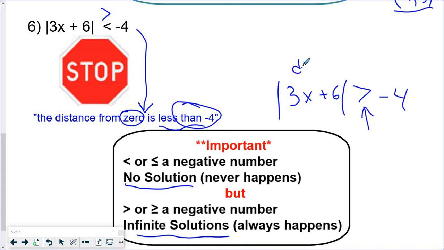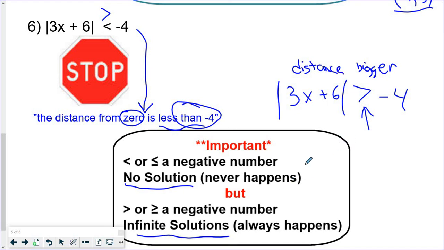The distance, right? The distance is bigger than a negative. So how often will distance be measured out on a tape measure or on anything? You drive a car and you look at your odometer, how often will the distance be larger than a negative number? And the answer is always.